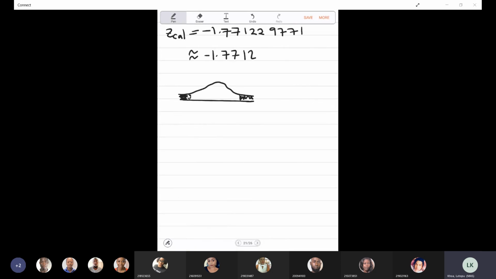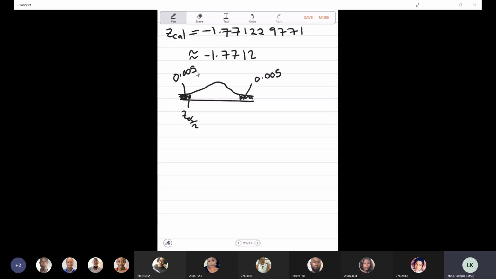So this area here plus this area over there should add up to 1%. So this is 0.005, and this area is also 0.005. So we look for this Z alpha over 2, because I divided by 2, that gives me an area of 0.005.